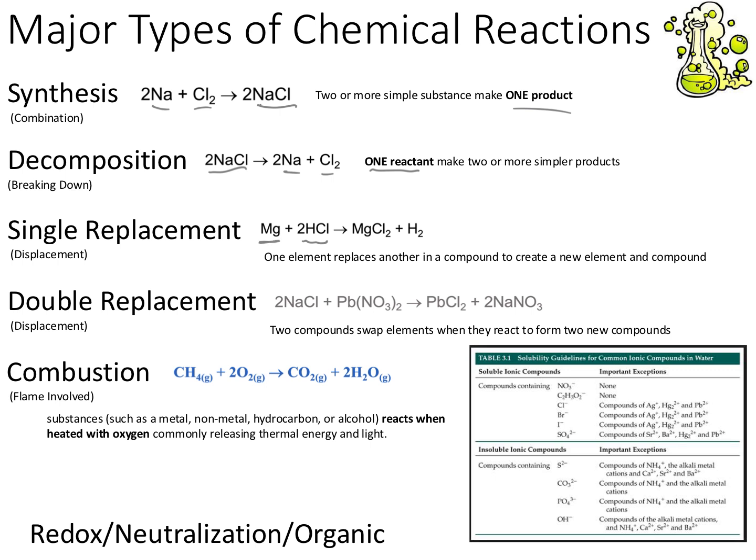What's going to happen is there is going to be a swap of one of the elements in the compound for that element. Basically like a dance partner cutting in. What that will end up producing is a new compound and a new element. So in single replacement reactions, we're going to have usually something in its elemental form, and then a compound, and then a new compound and new element.